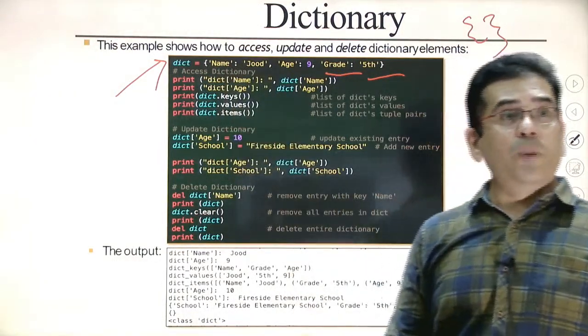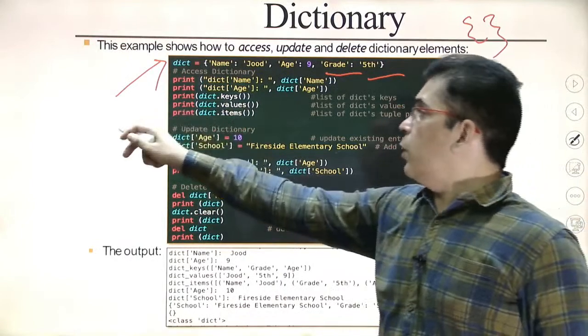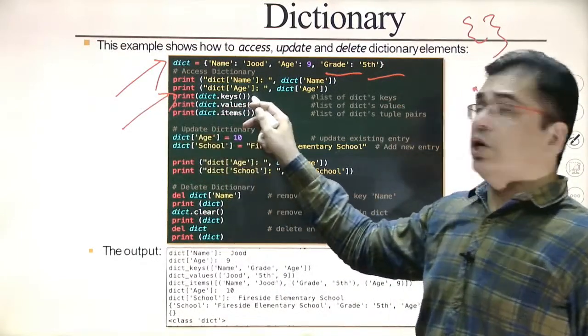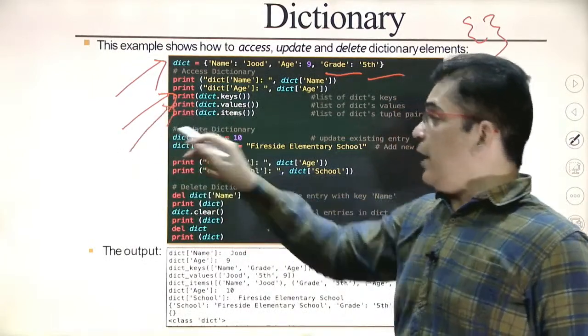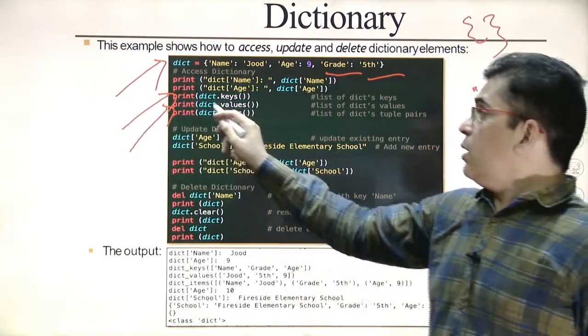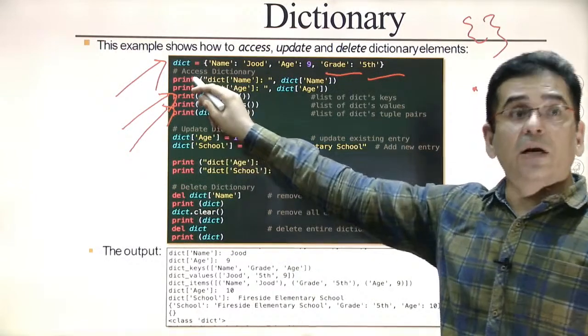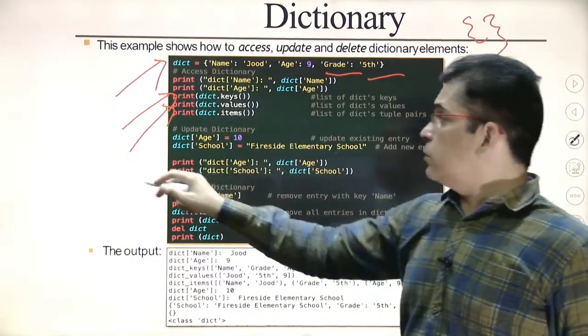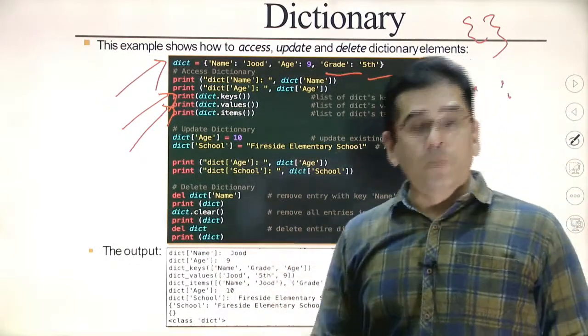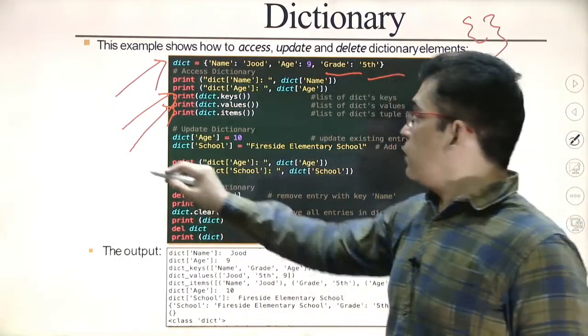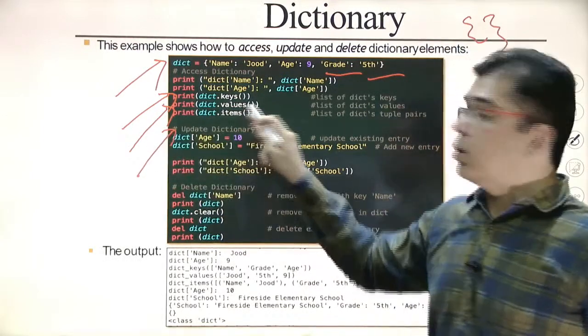So these are key value pairs. Now you can print: if you want to print the keys, then the dot keys function can be used. If you want to print only the values, not the keys, then dict is the name of the object, dot values. And if you want to print both keys and values, meaning all items together, then print dictionary dot items.